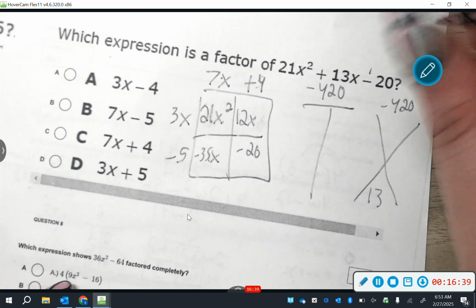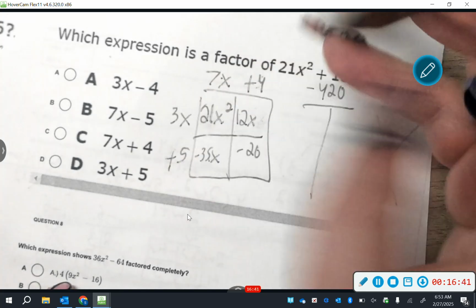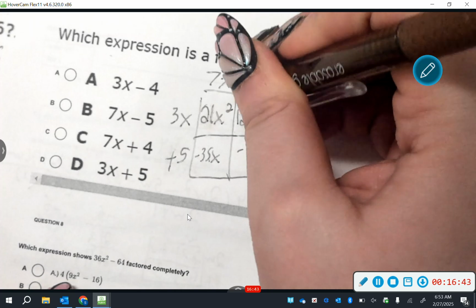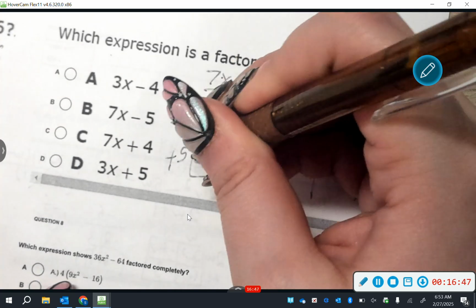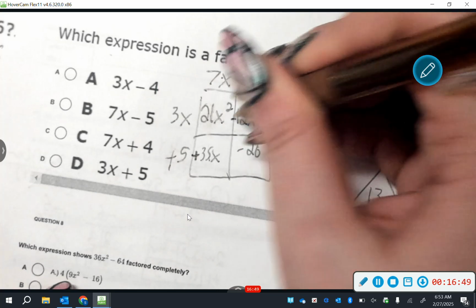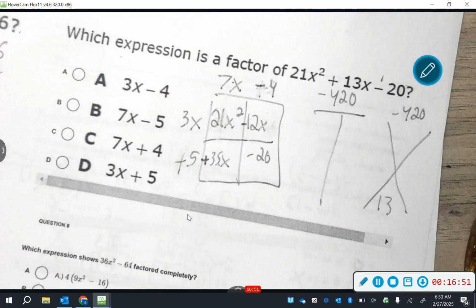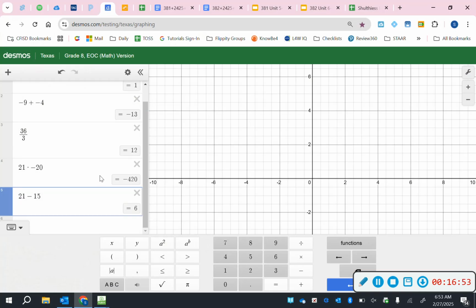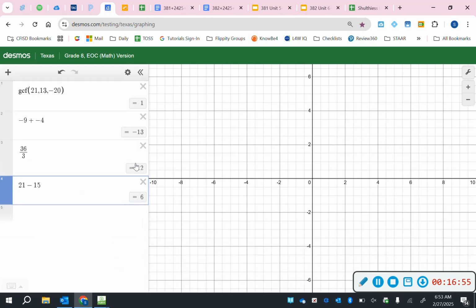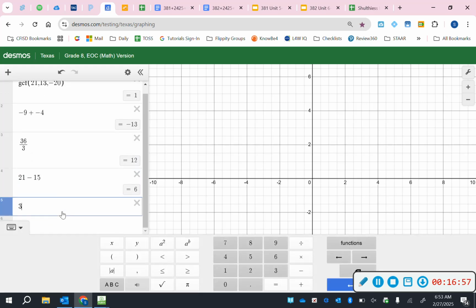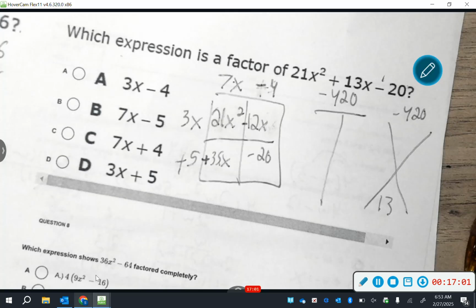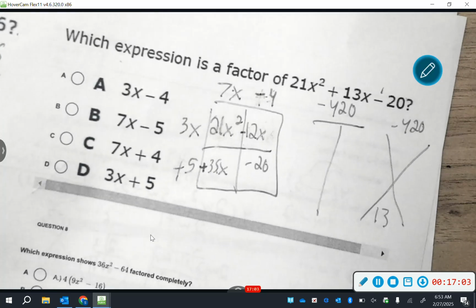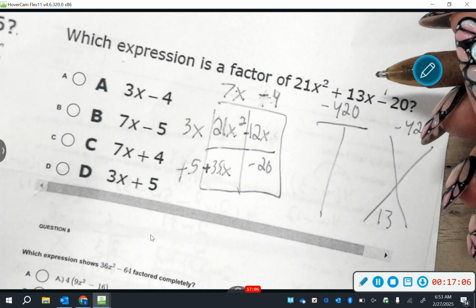What if we did positive 5 and negative 4? Because then that would get us positive 35 minus 12. What is this? I'm trying to get 13.